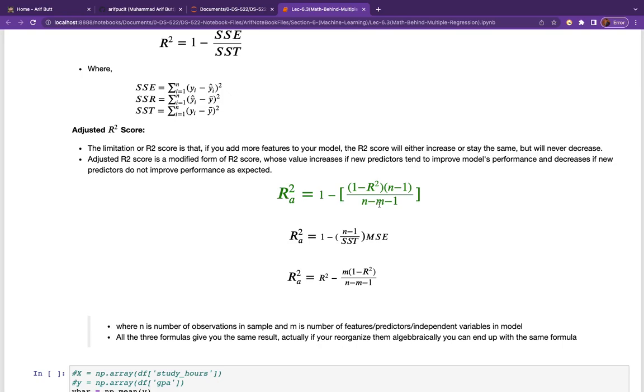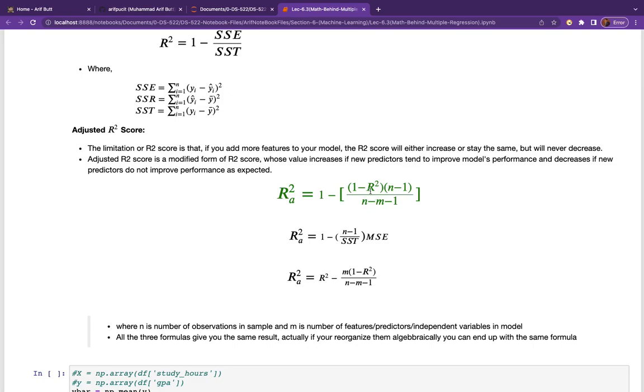Let me show you how the adjusted R2 score will decrease when you add an irrelevant feature. The R2 score in this formula on the right side will remain the same, so the numerator will remain the same, but since m increases by increasing the feature, the denominator will decrease.